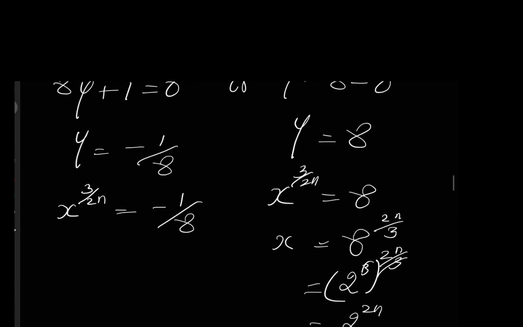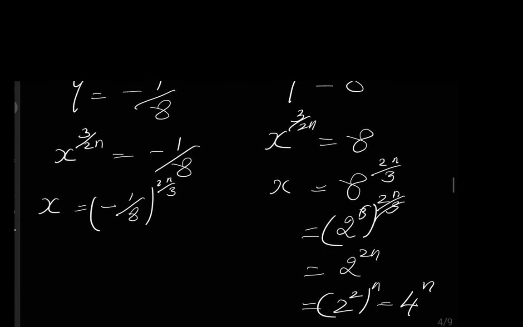But here you get what is the value of x here. x is equal to minus 1 by 8. Take the power to the other side, just multiply both sides by the reciprocal of this, 2n by 3. 2n by 3 here gets cancelled. So here minus, it is 2 power minus 3, 1 by 2 cube. So 2 power minus 3 power 2n by 3.